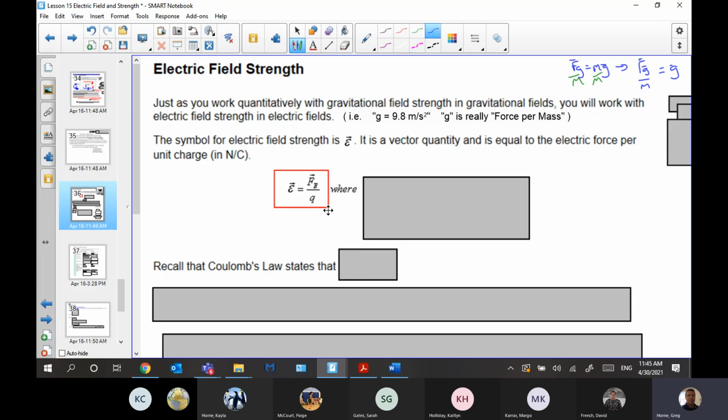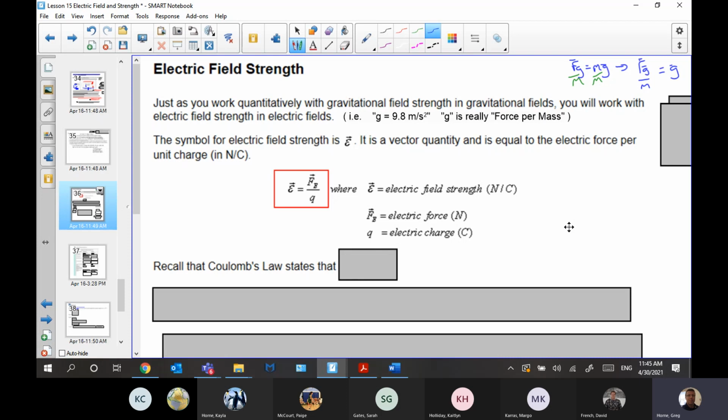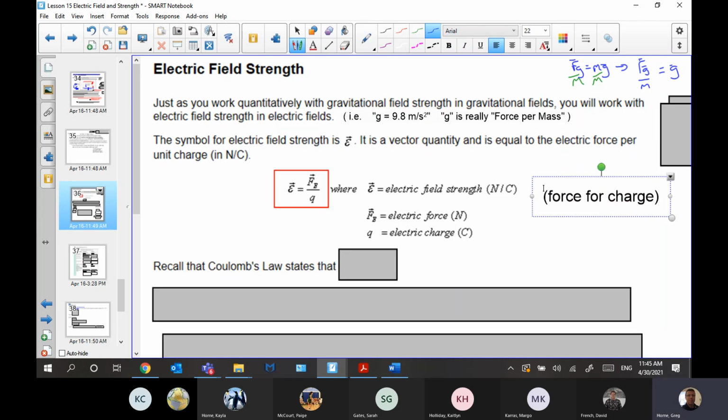The weirdest thing is the symbol for it is this curly E. I don't even know the correct name for it. Curly E, okay? So curly E is electric field strength, newtons per coulomb, force per charge, right? Let's add that in, force per charge. Not force per charge. How did that happen?